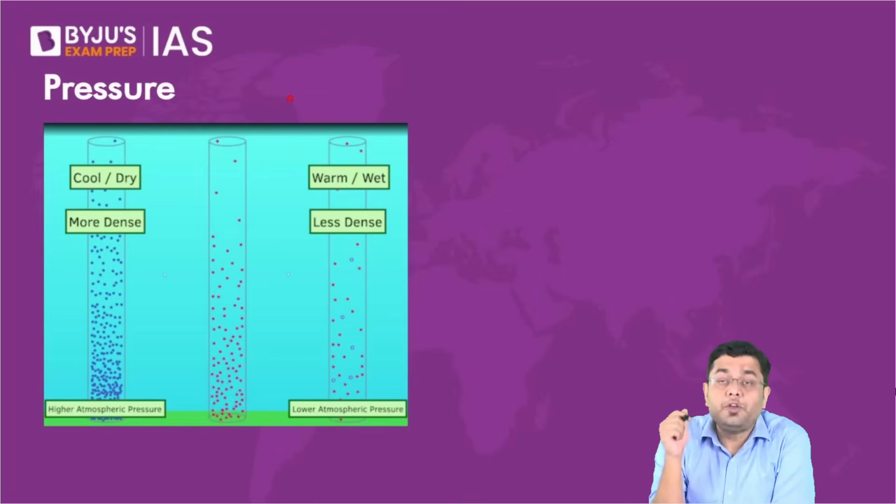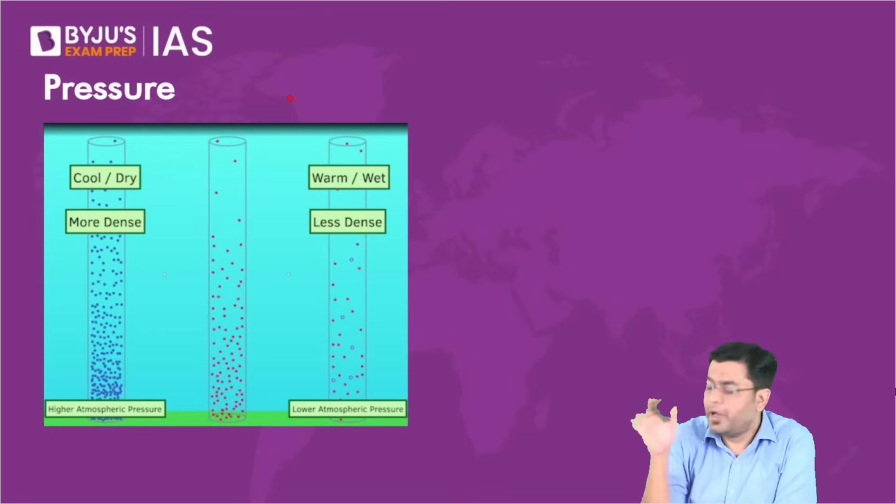So, when we talk about atmospheric pressure in general, we refer to the weight of the entire air column on the ground surface. The air column will consist of the gases, water vapor, as well as the dust particles. So the weight imposed by the air column on the ground surface, that is your atmospheric pressure.